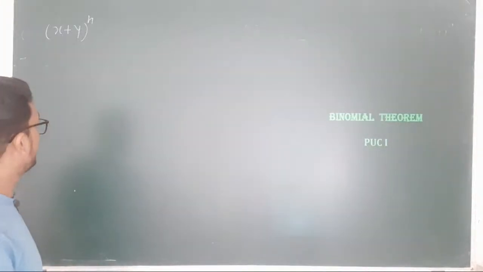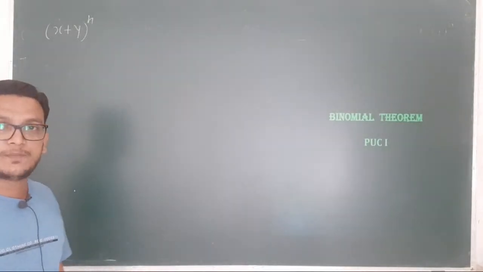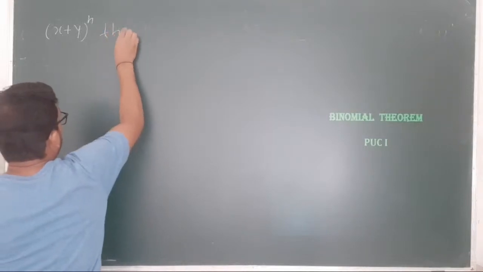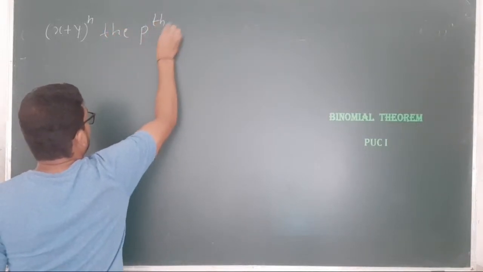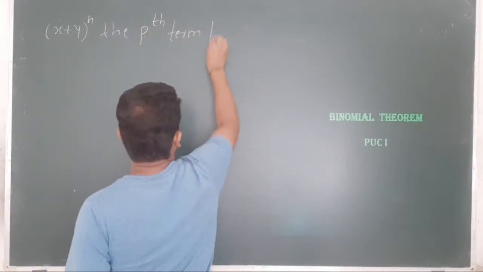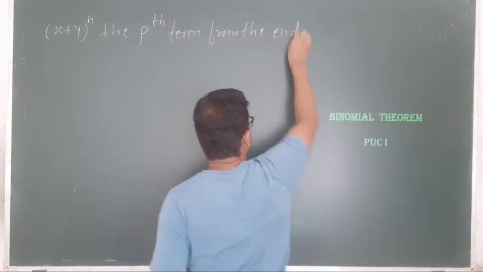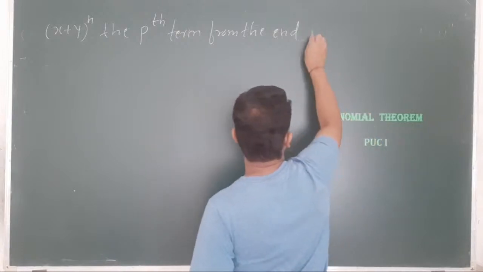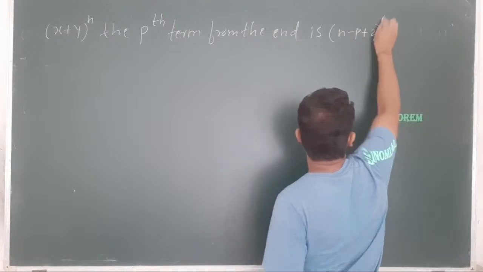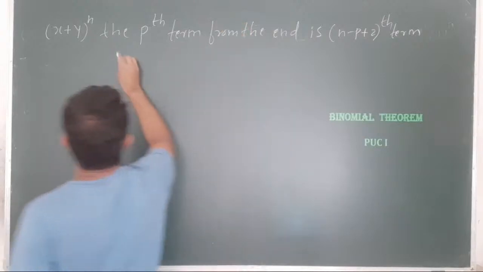In the binomial expansion of (x + y)^n, the pth term from the end is the (n - p + 2)th term from the beginning.